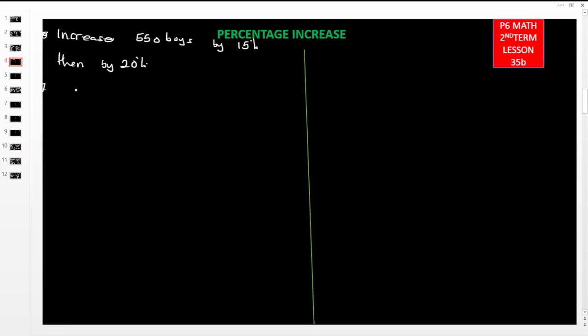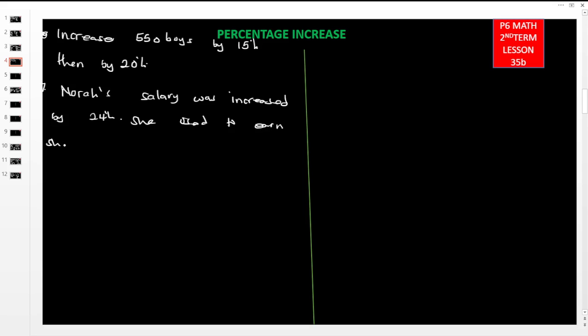Then number 7, Nora's salary. She used to earn 120,000 shillings. Calculate her new salary.